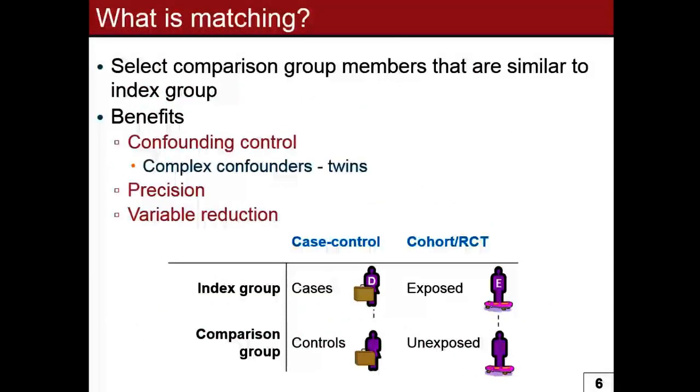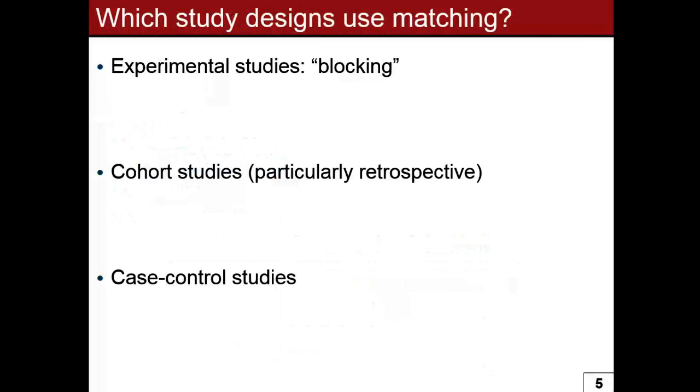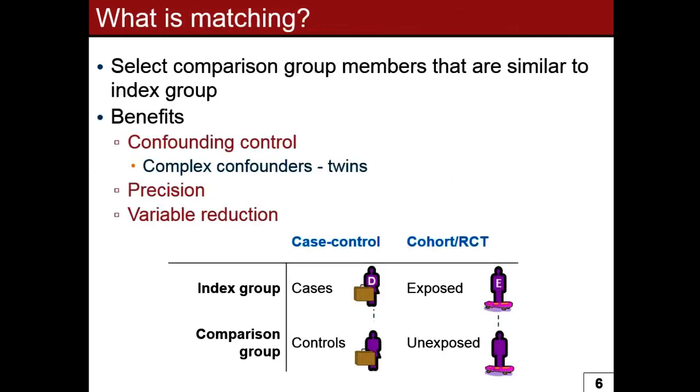So we talked about matching as something that's used across study designs, and we said that it's the idea of arranging an index and comparison group to have the exact confounder distribution that you want, through the process of identifying comparison people that are similar or the same as the index group people based on these confounding characteristics.